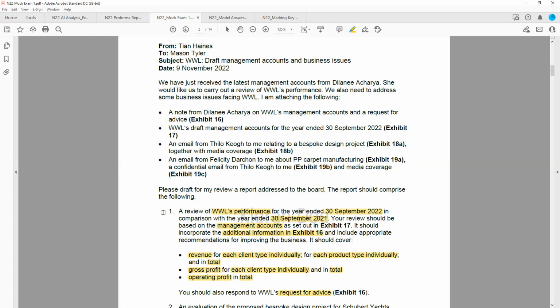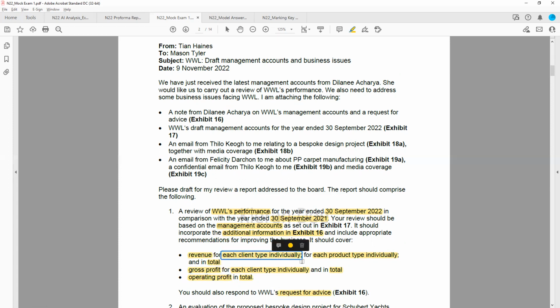Now, it's really important, as is always the case, to focus very carefully on the requirement wording, because that will determine the boxes on the marking key and therefore which sections we should have in our report. Because we need to answer the question. The examiner is going to give marks for answering the specific requirement they've asked for, not the requirement you may have hoped would come up. So focus very carefully on revenue, gross profit, operating profit, and the one-off piece of analysis.